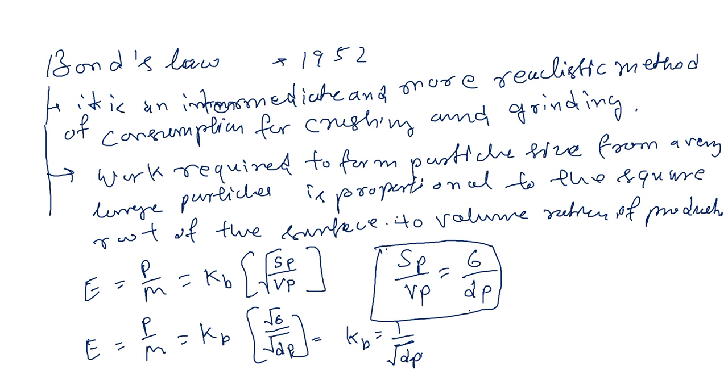The feed size is very large, so 1 by dF can be negligible because the feed size is very high. So kV depends on the type of machine used and the material to be crushed.